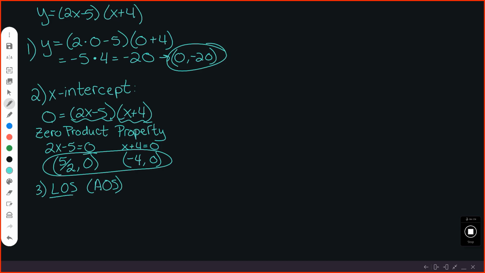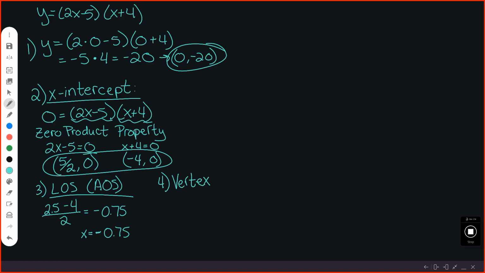So to find the line of symmetry, I'm going to do 2.5 plus -4, divided by 2, which is going to give me -0.75. So my axis of symmetry, or line of symmetry, is x = -0.75.